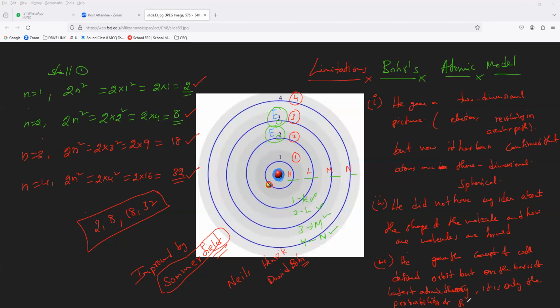Probability of finding the electrons in a particular space.